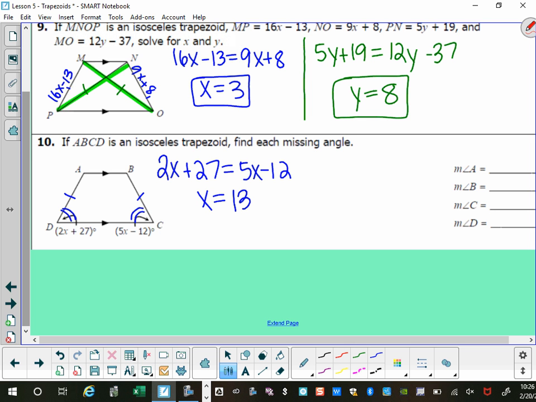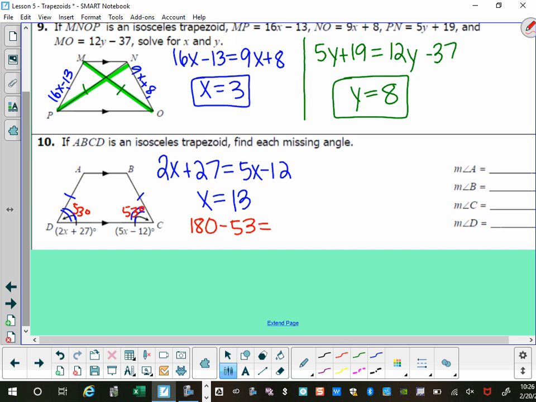So plug in 13 for your x, and tell me what you get. Okay, so Kenzie got that these base angles are going to be 53 degrees. All right, if my base angles are 53 degrees, I can do 180 minus 53 to figure out what the same side angle is.